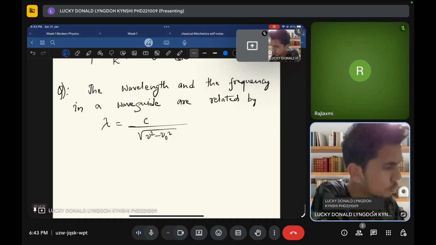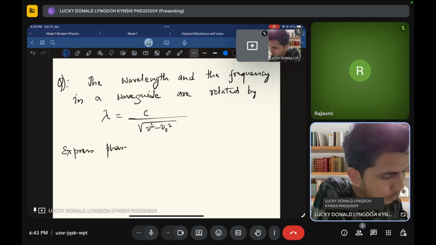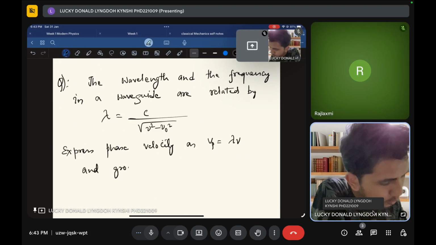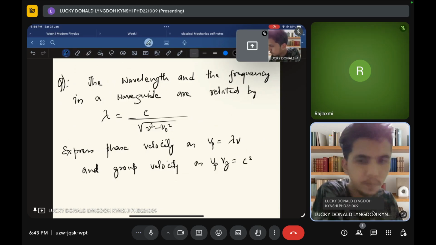The question is: express phase velocity as Vp equal to lambda mu, and group velocity such that Vp times Vg equals c square.